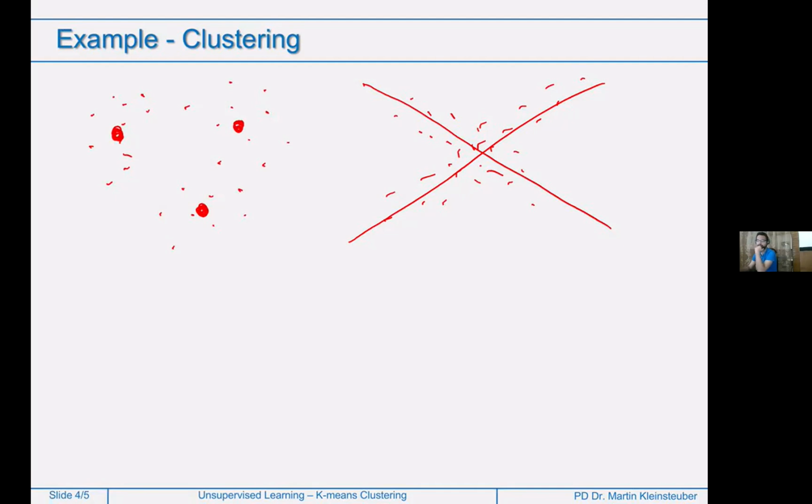Well, image segmentation is also, if you want, a kind of clustering approach, because you define regions in the image, and you assign it to one region. So you map every pixel, if you want, to one cluster.